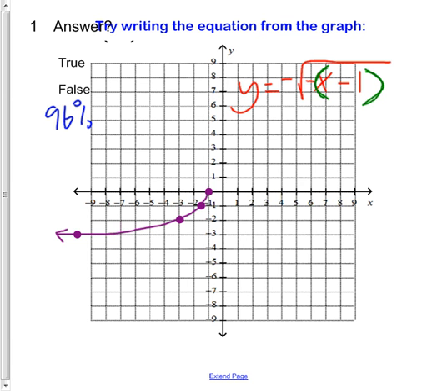Remember how I said we could test a point in the answer and see if it works? But is there anything else wrong with this thing? I think there's something bigger picture wrong with this thing. Yes. You think this thing has been stretched or squished? First of all, you're right.